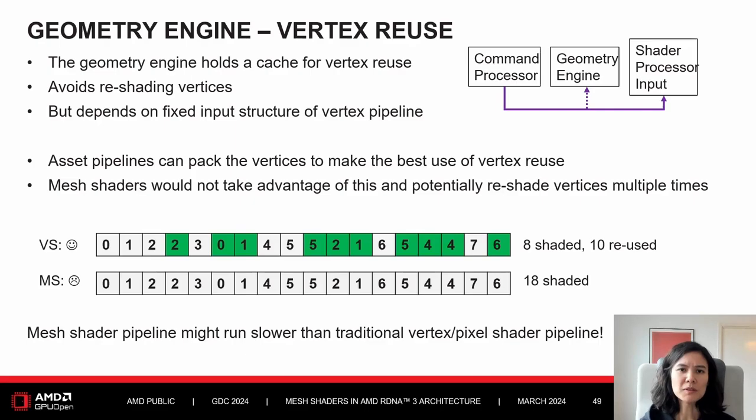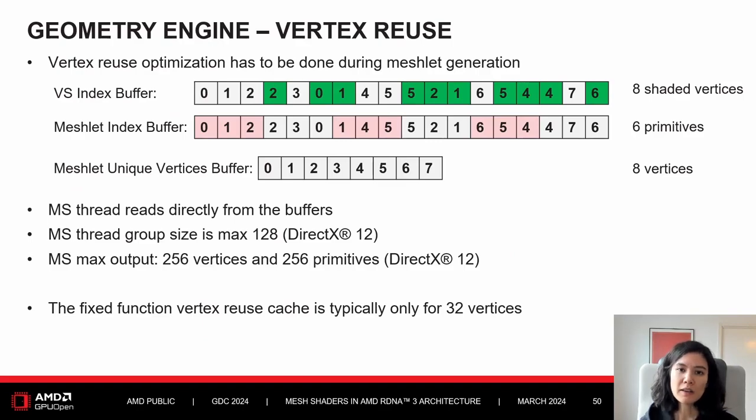So what should we do when we're using mesh shaders? Well, this vertex reuse cache optimization needs to be done manually. And usually this is already done during meshlet generation. How to represent the meshlet is totally up to you because it's user defined. But there is a very common way to represent meshlets.